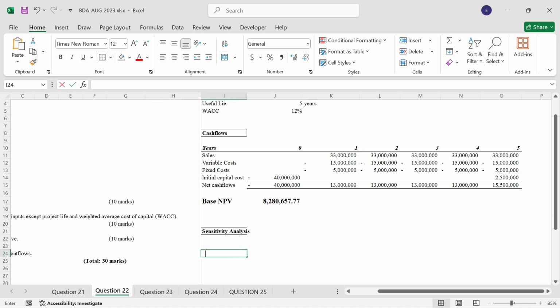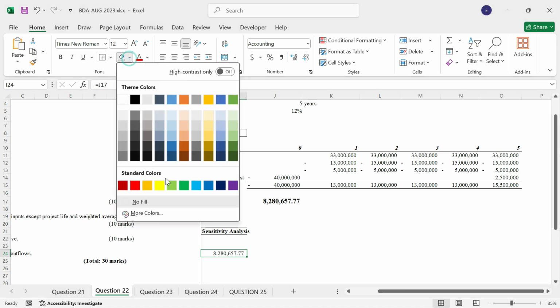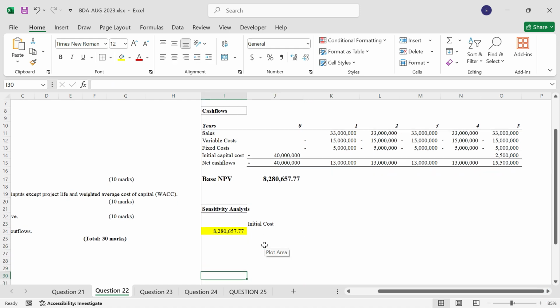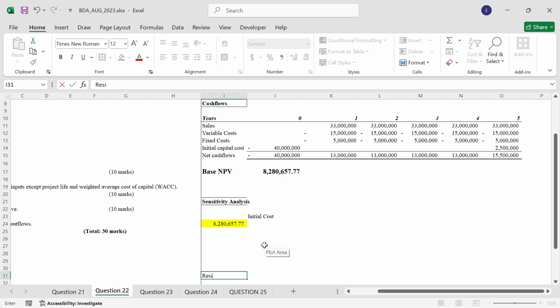I want to sensitize my NPV against my initial cost and against the residual value.